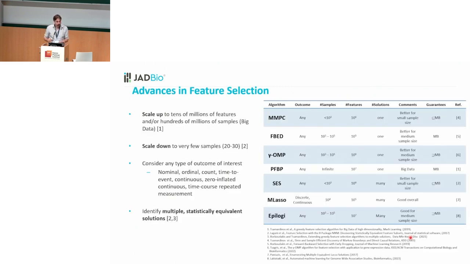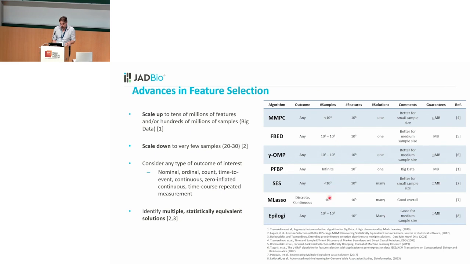So let me move on here. These are some advances that we have made in feature selection. And in our tool, we also use some of these algorithms plus some standard algorithms. And as you can see here, some of them can run on any type of outcome, including time to event. If you want to predict churn, if you want to predict failure of machines, that's what you need. They're censored outcomes.